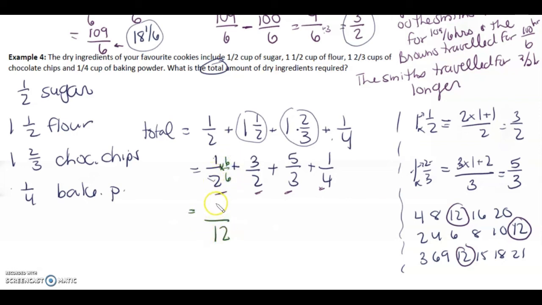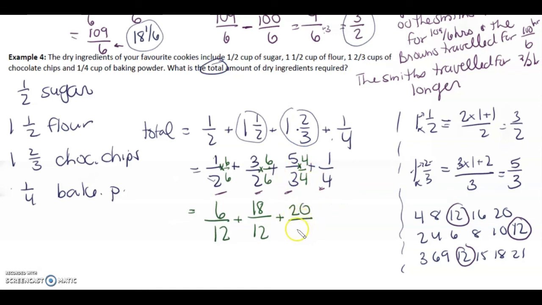So 6 times 1 is 6. Okay, for 3/2, we have another 2 in the denominator. So again, 6 over 6. So 18 over 12. Okay, 5 over 3. 3 times 4 is going to give us 12. So again, we're multiplying by 1. We're multiplying by 4 over 4.